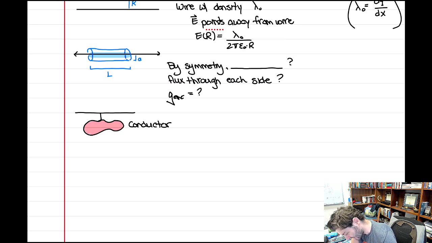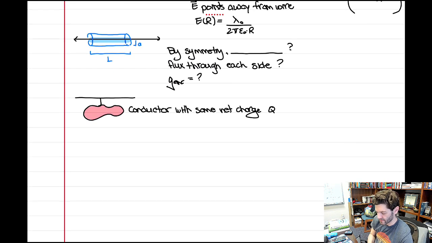But then what if you have a conductor with some net charge? Some electrons are added or taken away. Some conductor with some net charge, capital Q. We could ask questions like, where is that net charge? We know everywhere in the conductor there's atoms.